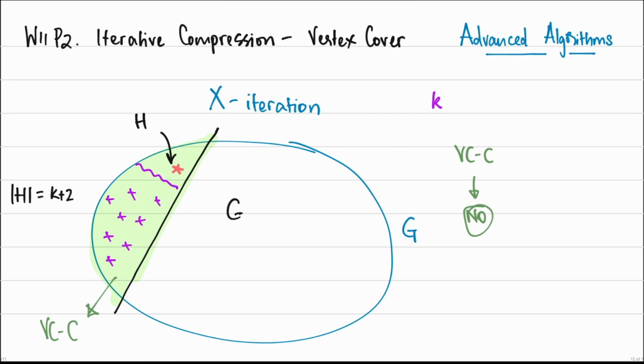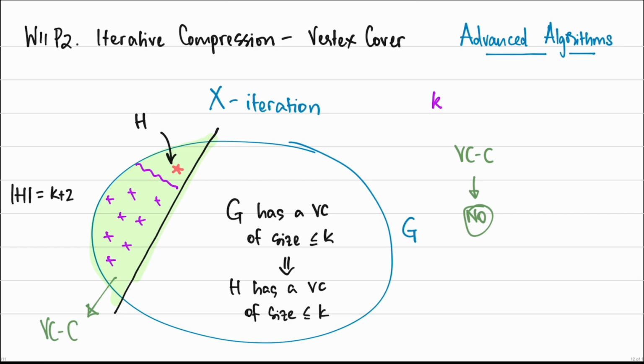So G has a vertex cover of size at most k implies that H, which is any subgraph of G, also has a vertex cover of size at most k. So that's P implies Q. The contrapositive would be that not Q implies not P. That means that if H has no vertex cover of size at most k, then G also does not have a vertex cover of size at most k.